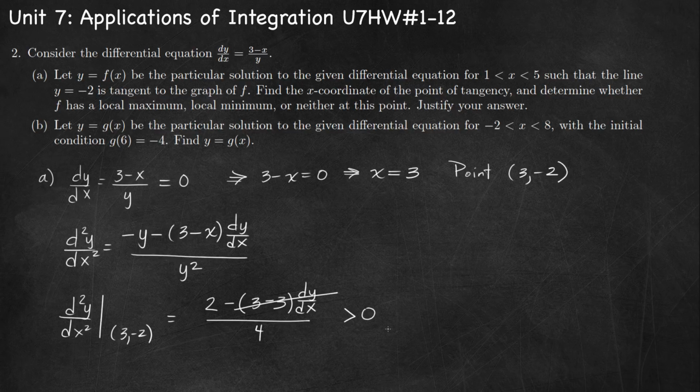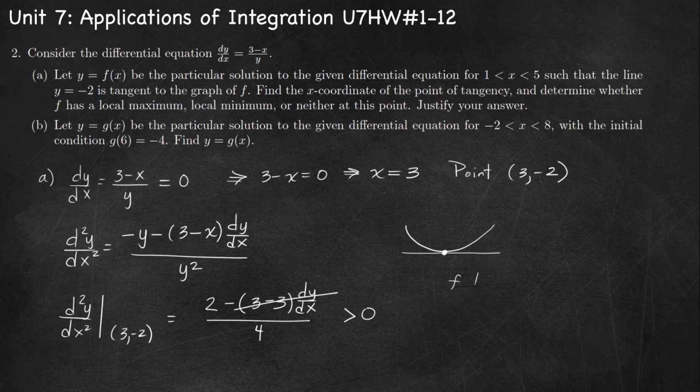Since it's positive, I know that our original graph, y equals f of x, is concave up at this point, and the first derivative is 0, so it has a horizontal tangent. It's concave up at this point, and it has a horizontal tangent, so it must be a relative minimum by the second derivative test.